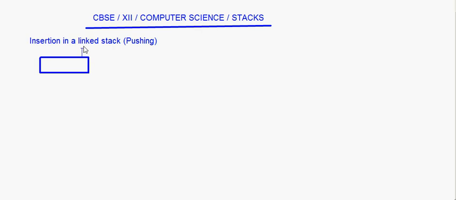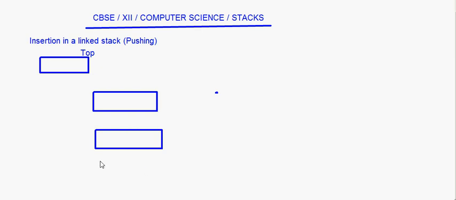This will contain the address of the top of the stack, and these are the different nodes of your stack. I'll put it like this so that it looks like a stack. And in each and every node we have got a next pointer, here like this.